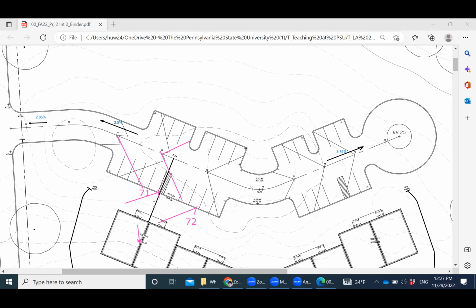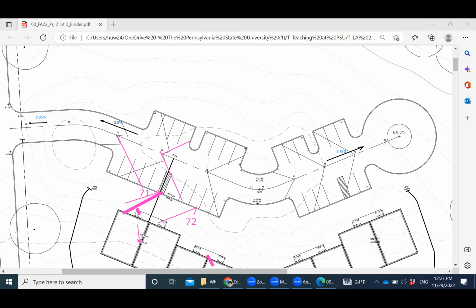That means your 71 would be pretty close to your porch, because the 71 here is very close to 71. Depending on what this is, you will determine where your 72 is.